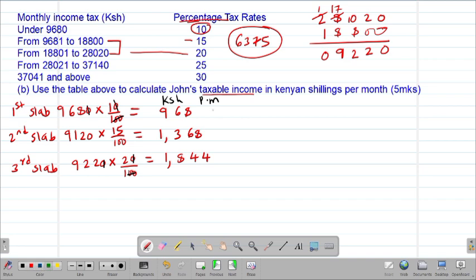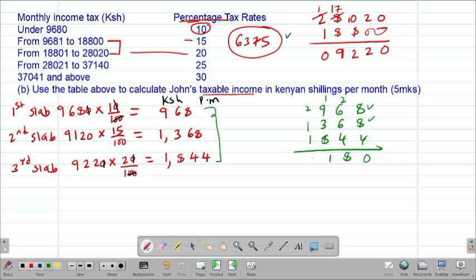So let's check these amounts. We can add these three and see where we are as compared to our gross tax. This is 968 plus 1,368, then plus 1,844. So we are at 4,180.